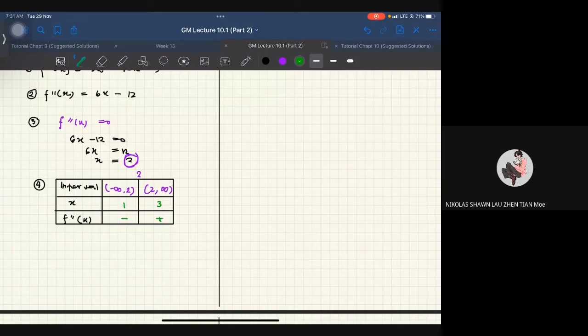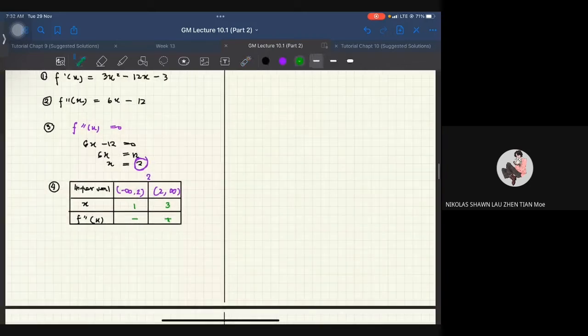Okay, so remember I told you guys second derivative values will tell you about the concavity. Okay, so this one dia punya bentuk concave downward, and then bila dia jumpa x equals to 2, dia bertukar menjadi concave upward. So is x equals to 2 the point where your inflection point is? Yes. Yes, exactly. Betul.